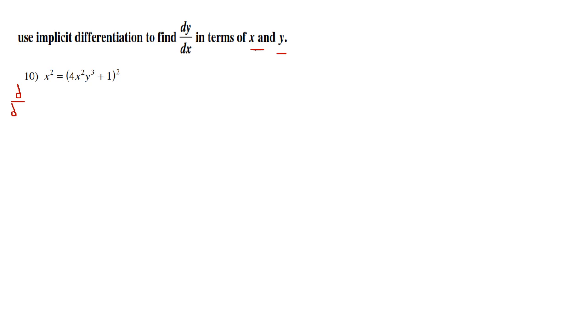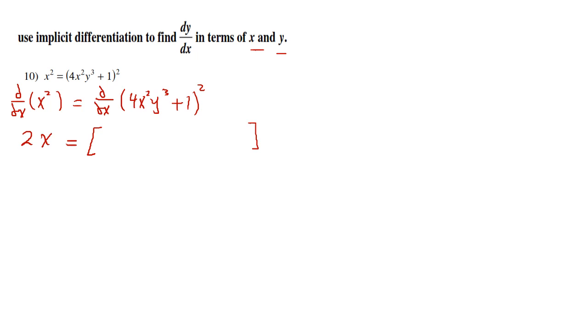So I will start by finding the derivative of the left-hand side, x^2, and the derivative of the right-hand side, (4x^2 y^3 + 1)^2. The derivative of x^2 with respect to x is 2x, equal to the derivative of the power, by chain rule: I put down the exponent, which is 2, subtract 1 from the exponent, and keep what is inside the bracket.